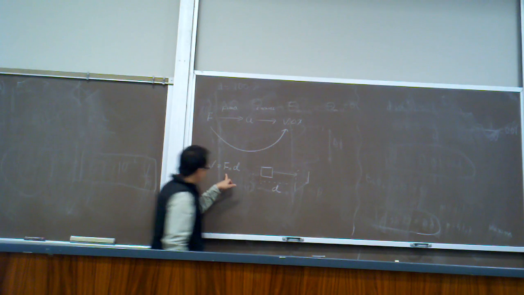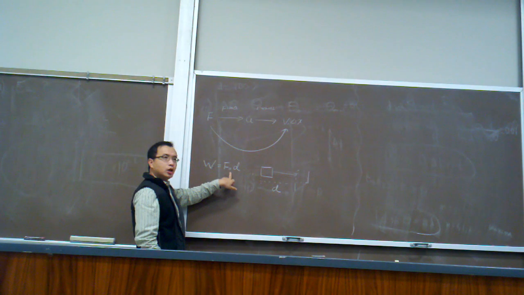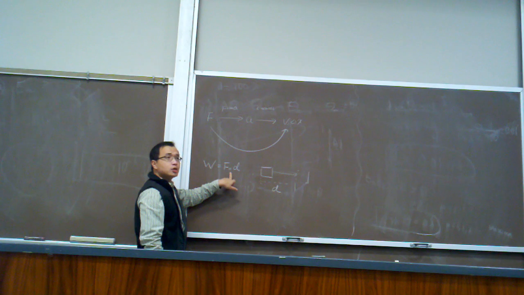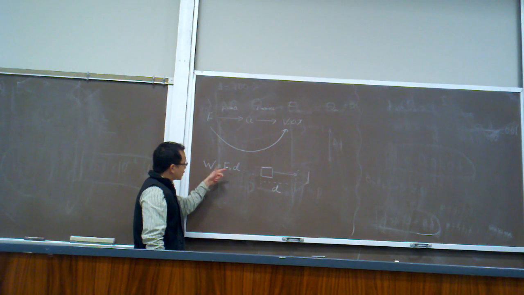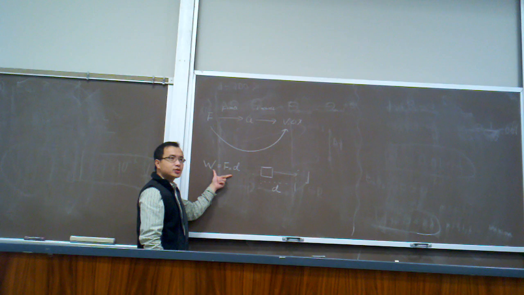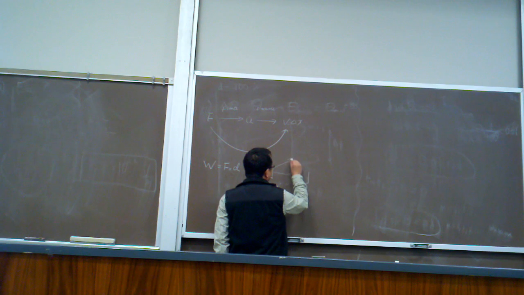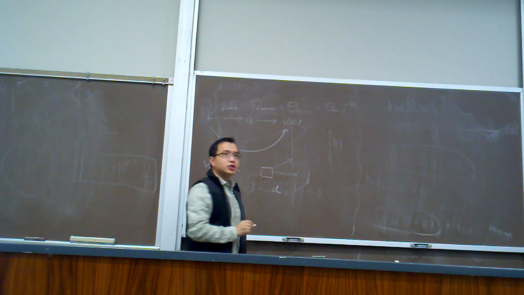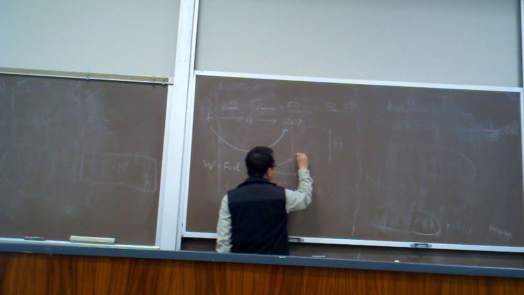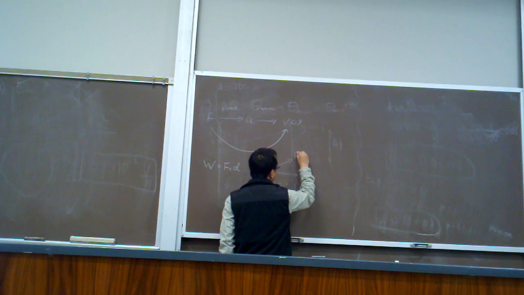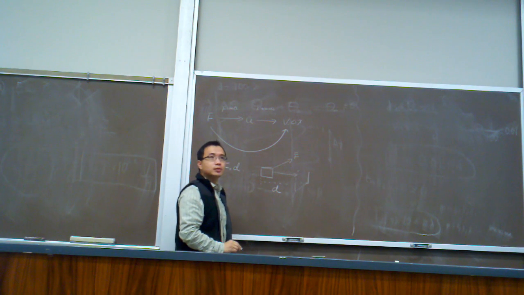But there is one thing you need to pay attention to. To calculate the work, we can only use the component of the force along the direction of the motion. Okay. So you may pull the object in this direction, so the force is along this direction.